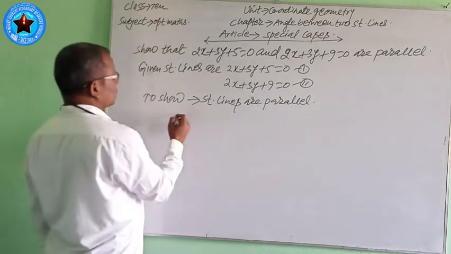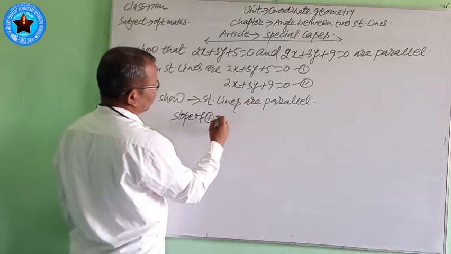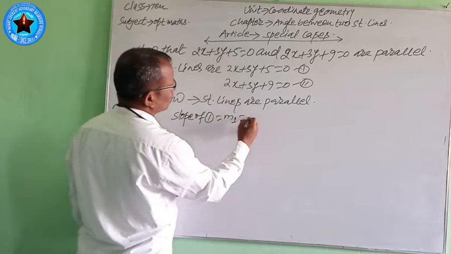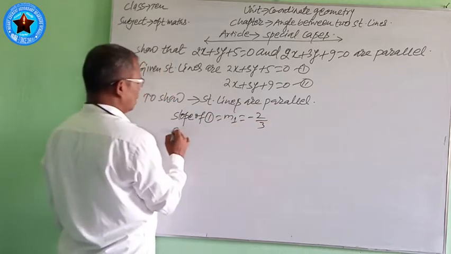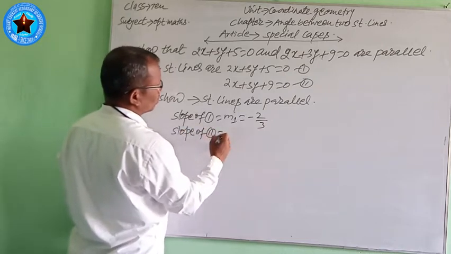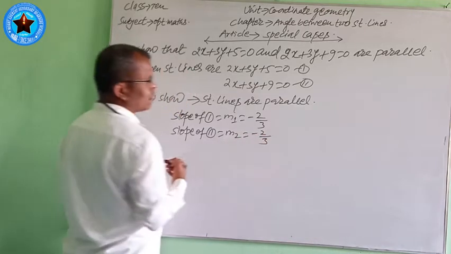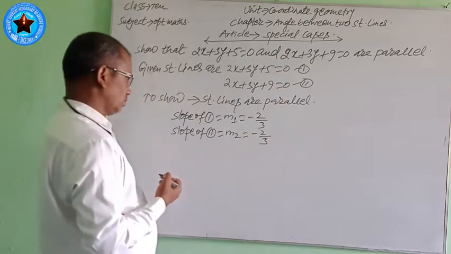Here slope of 1, m1 equals minus 2 by 3. Slope of 2, m2 equals minus 2 by 3.